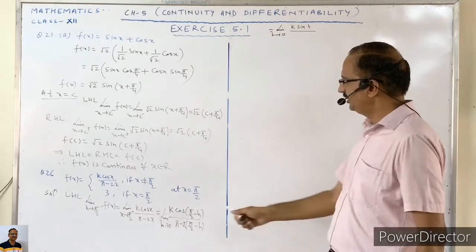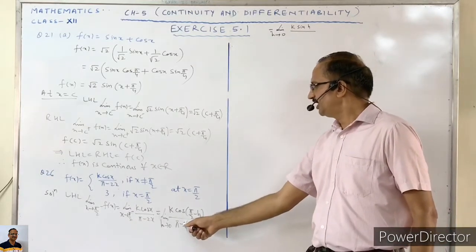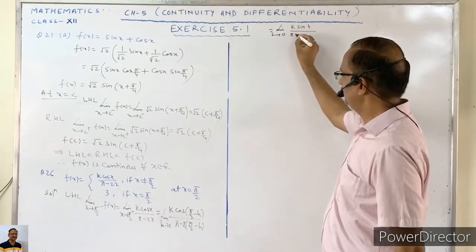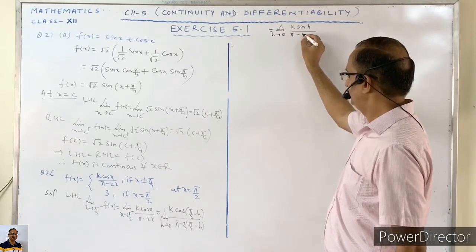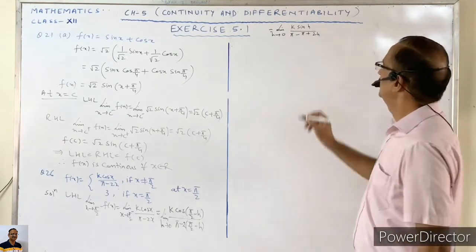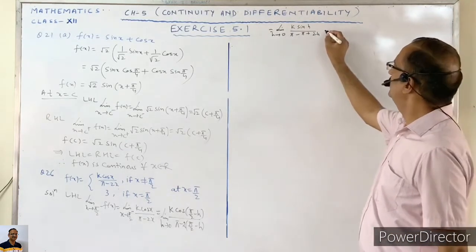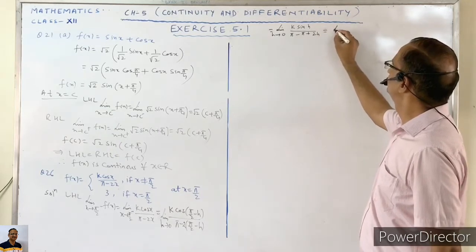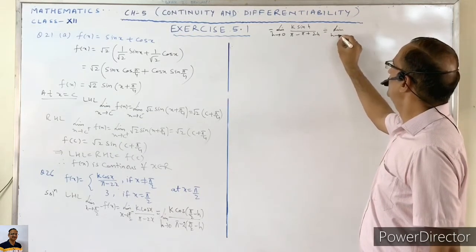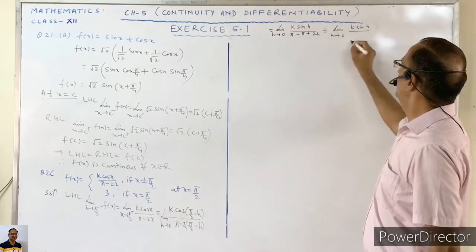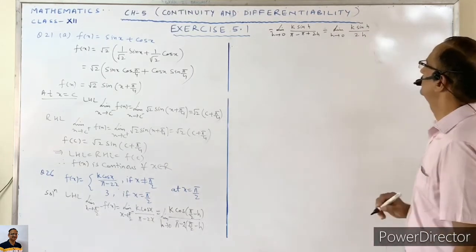In denominator, when we simplify this, then 2 and 2 will cancel out, and we will get pi minus pi plus 2h. Now pi and pi will cancel out, and we will get limit h tends to 0 k sin h, and this is 2h.